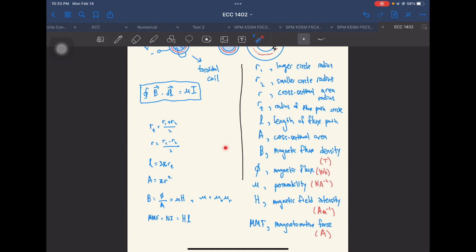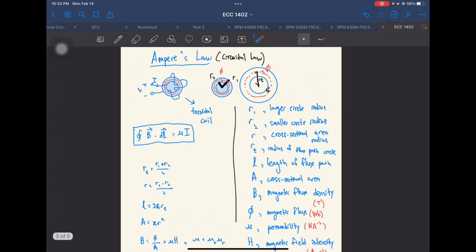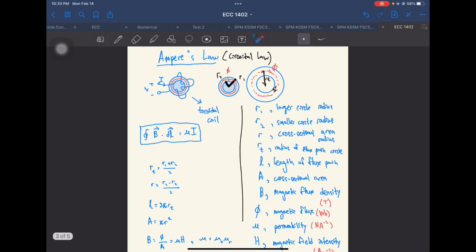Important calculations where you can calculate all the parameters if given the others. R1 is given by the larger circle radius, as you can see here. This is R1, and R2 is the smaller radius circle, and R here is the radius of this path.